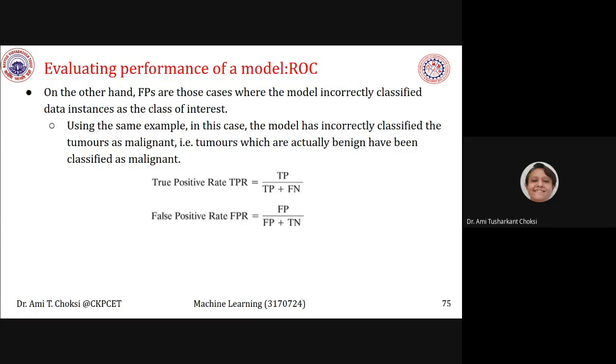True positive, true negative, false positive, and false negative are all known to us. Now here what we want to find is the true positive rate. For that rate, we divide the true positive by TP plus FN, and in the same way for the false positive rate, FP is divided by false positive plus true negative. Okay.